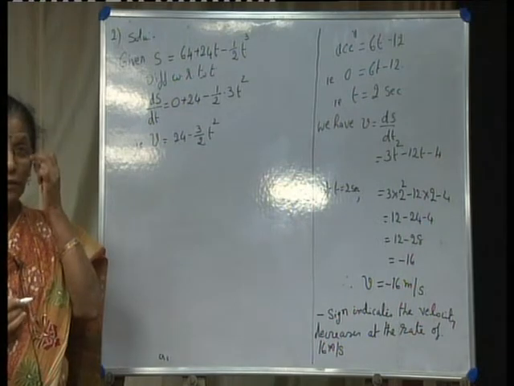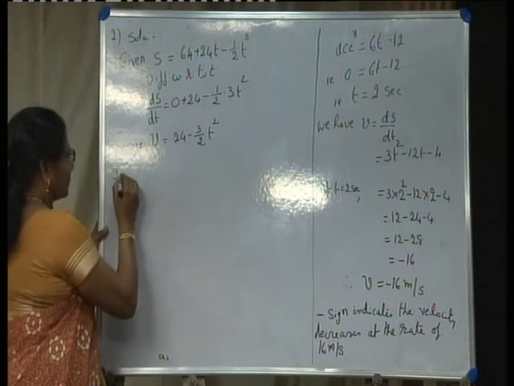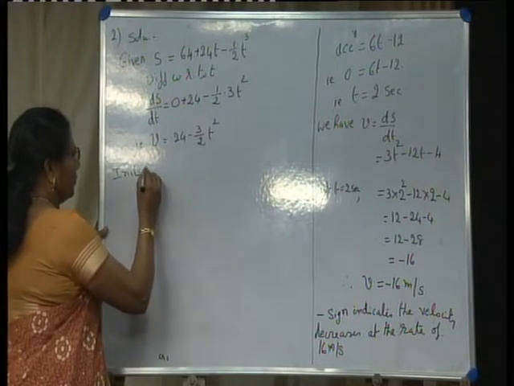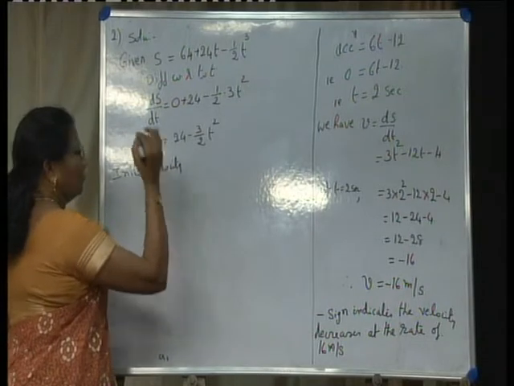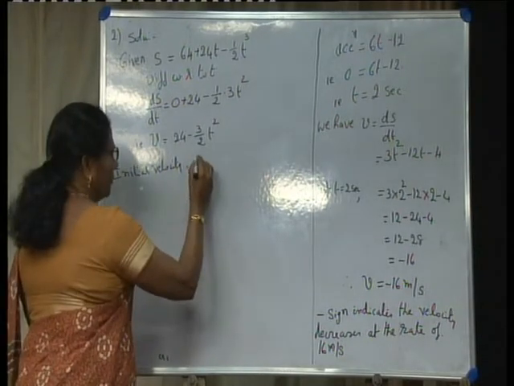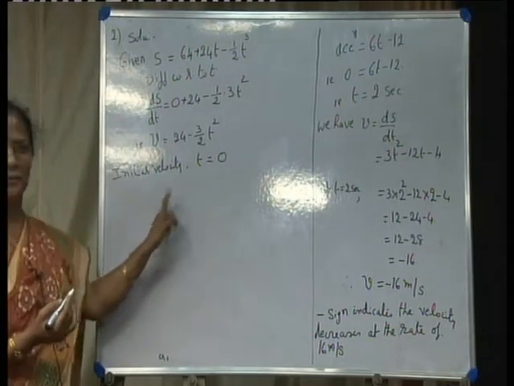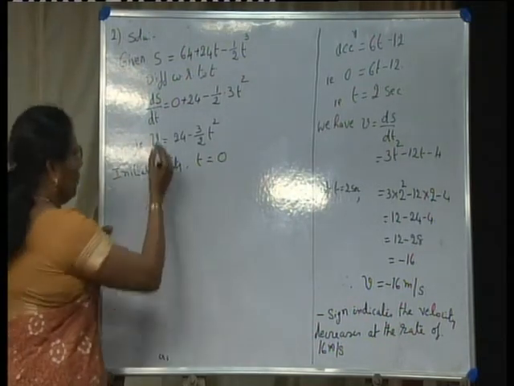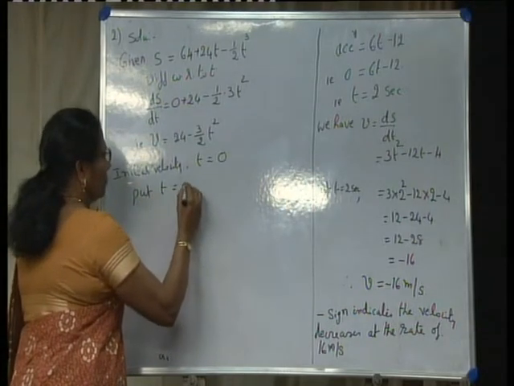Find the initial velocity. The initial velocity is the velocity at the starting point, so time is 0. Put t is equal to 0.